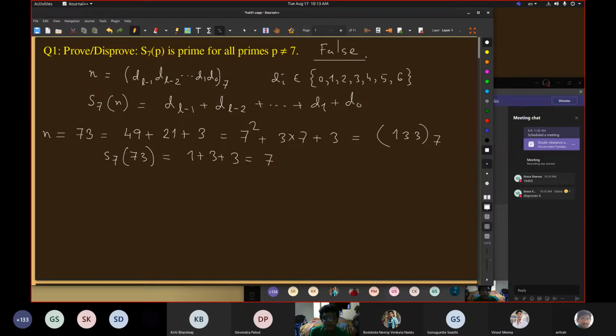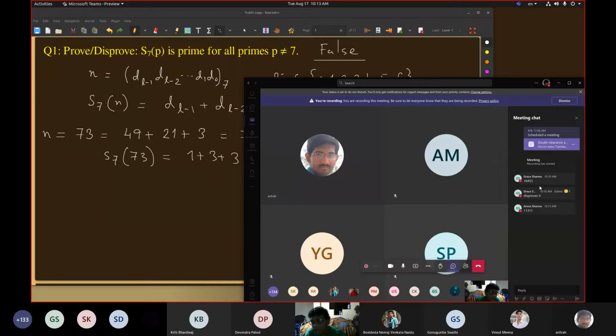One of the students has already posted the answer and disproves it in the chat. Okay, 16453. These are base 7 expansions? No, sir, this is decimal. Then we will convert it to base 7.